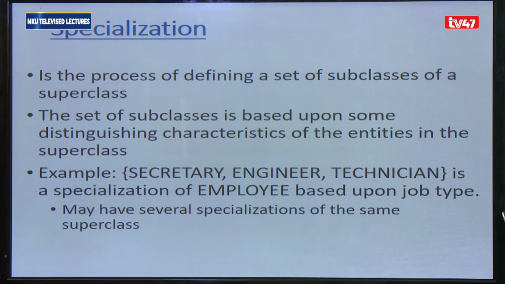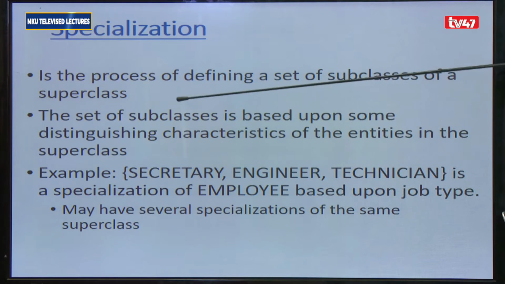Because the number of units registered for determines the amount of fee that the student will pay, because we are assuming that in this case, the fee to be paid is determined by the number of units taken. So those are attributes that differentiate that particular subclass from the full-time student subclass.